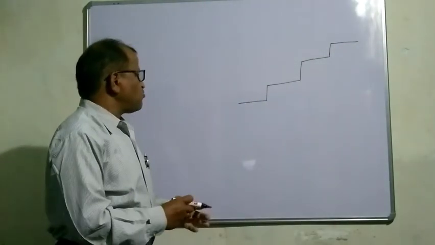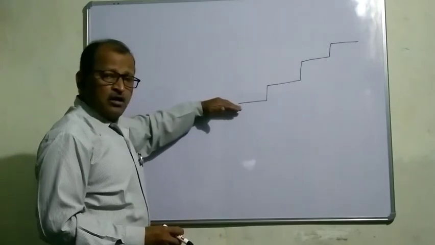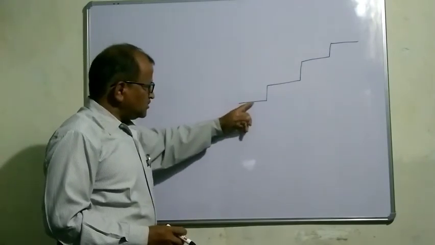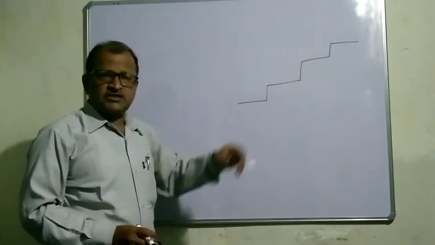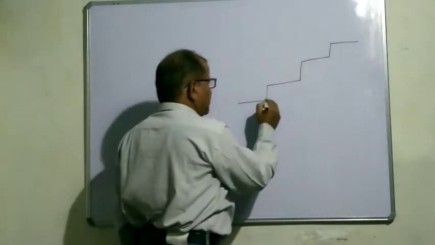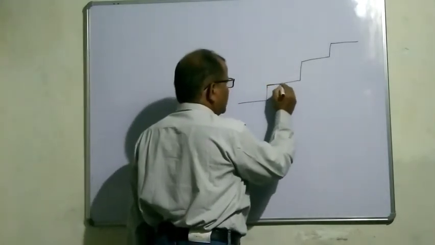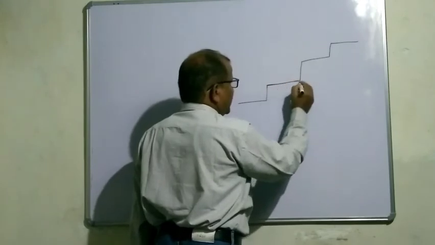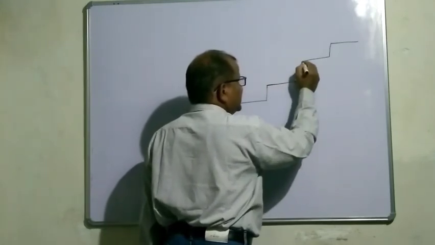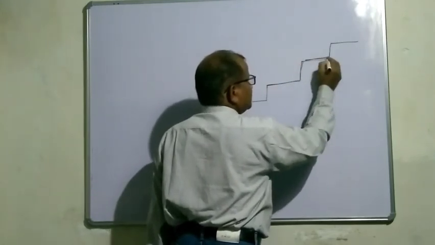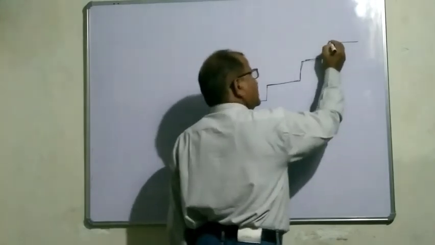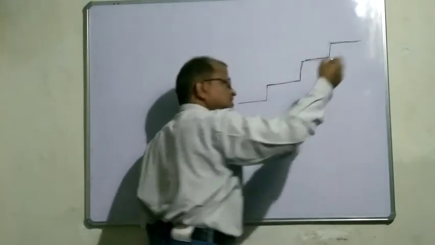You see, you are at this level. Some distance the level is constant. Suddenly the level increases to another level, this level. Again the level increases at this stage, then it remains constant for some time, then again increases there. This is a step.